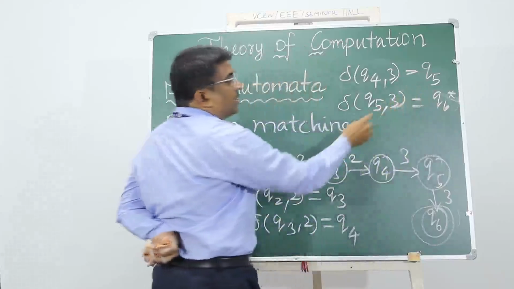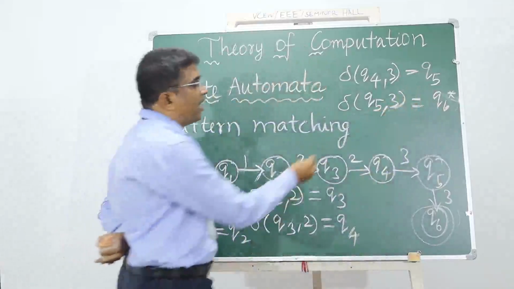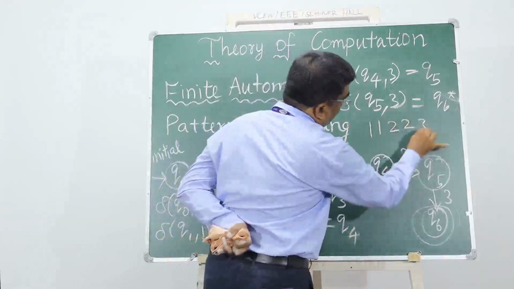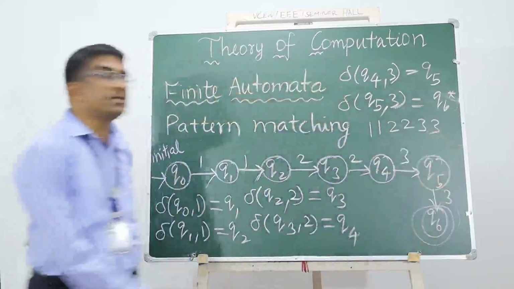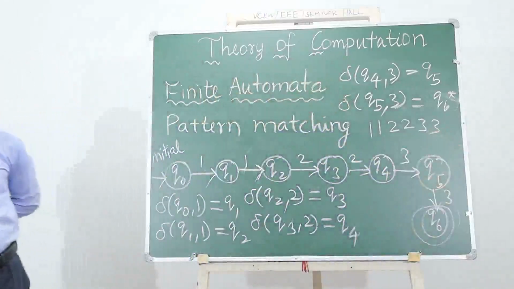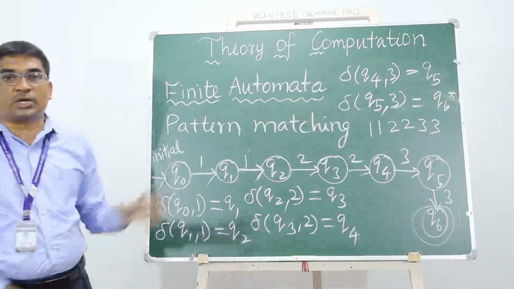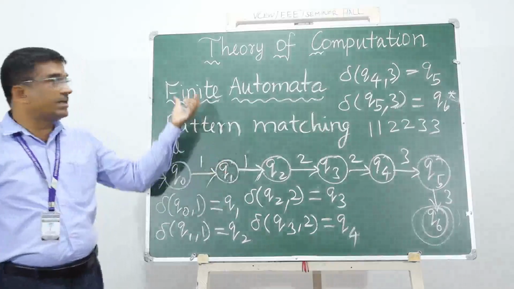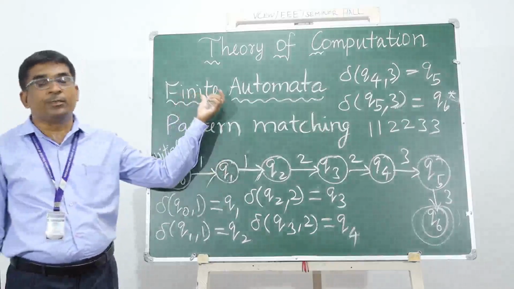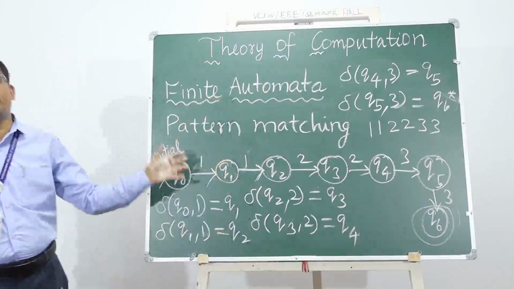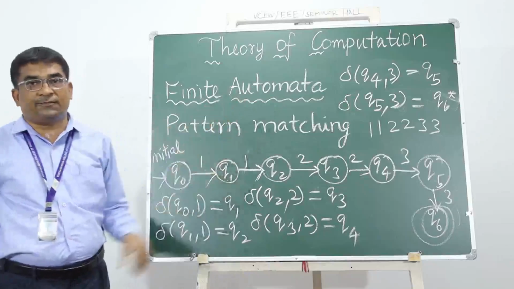After reaching this final state, the input pattern 1 1 2 2 3 3 is recognized. So this is the method: if the transition functions are given, we construct the transition diagram through the acceptance of finite automata, and if the transition diagram is given, we convert it into transition functions.